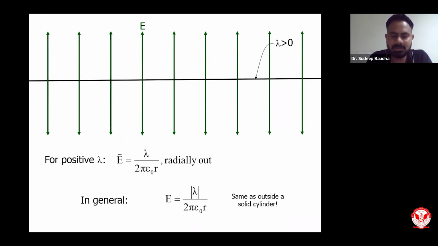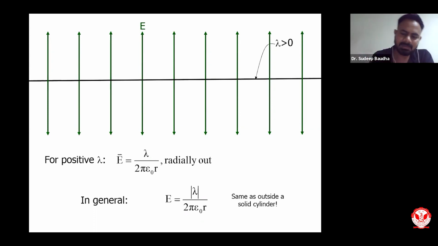Then we used Gauss law to find the electric field due to a very long cylinder with uniform volume charge distribution. And the third case is a line of infinite length with uniform linear charge density, lambda, and we found the electric field across it. So these three cases we have done.